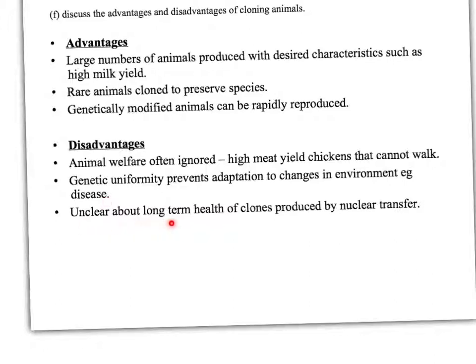We're also unclear about the long-term health effects of clones produced by nuclear transfer. It's not as straightforward as it seems, in that the products of nuclear transfer seem to develop problems later in life. So those are some of the advantages and disadvantages.